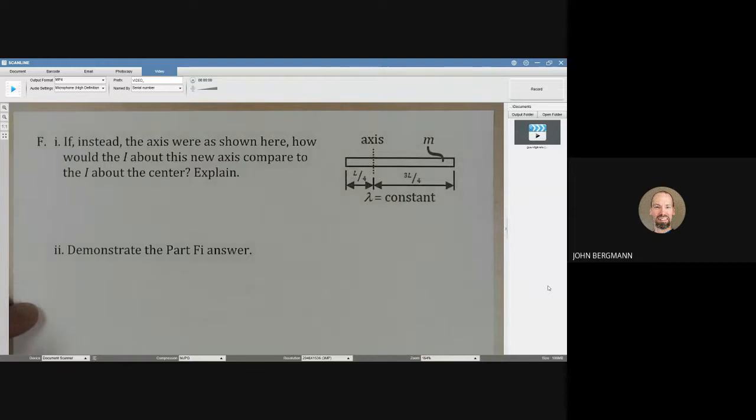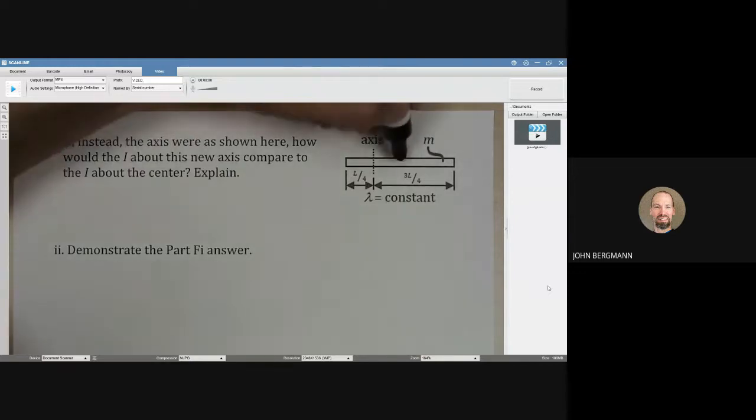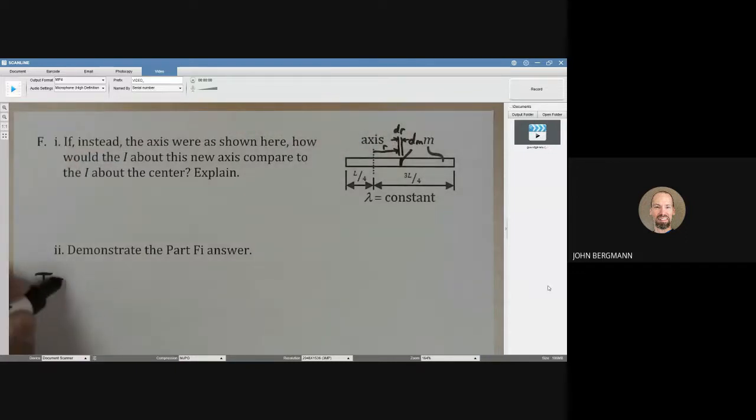So let's go ahead and do that. Here's our axis. Once again, we've got our little mass dm right there, which is a distance r from the rotational axis and has an infinitesimal thickness dr. The moment of inertia is, we're going to integrate here r squared dm.